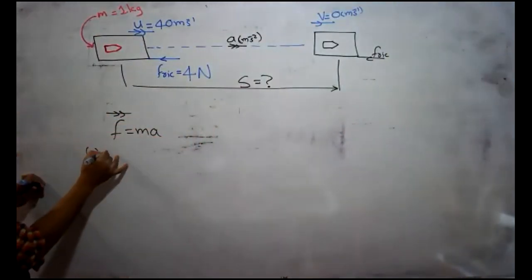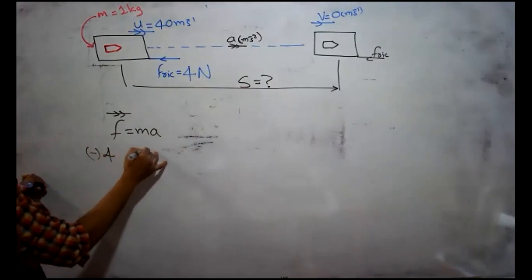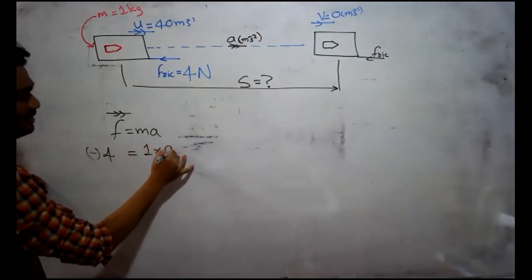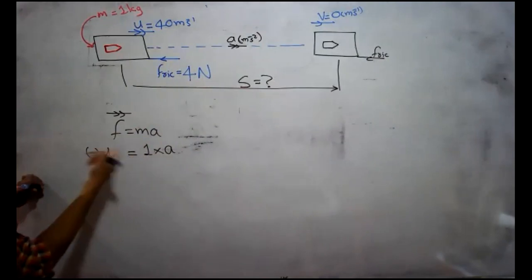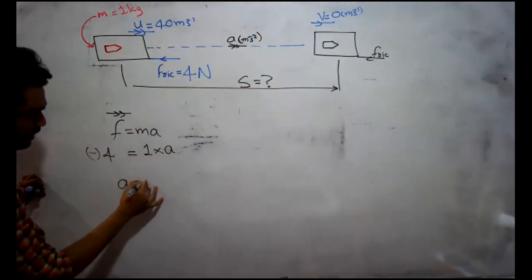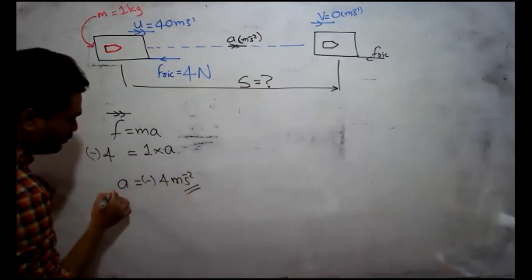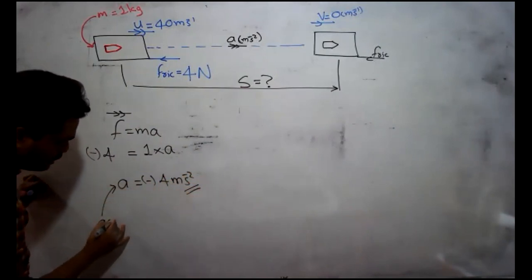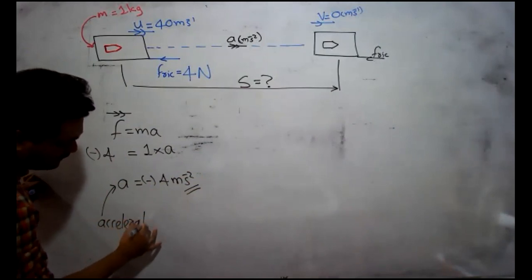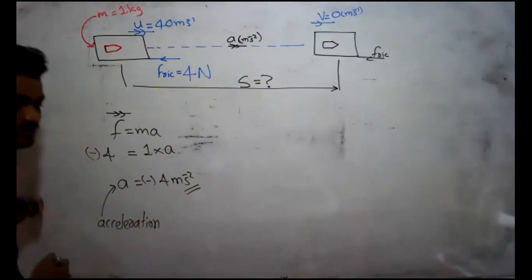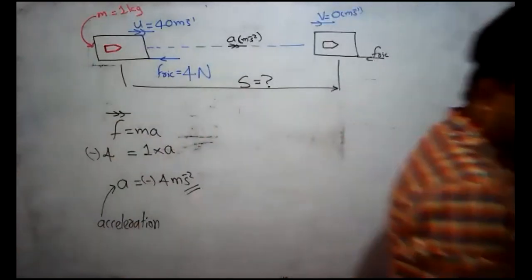So it is minus 4 Newton. Mass is 1, acceleration is a. Therefore, a equals minus 4 meter per square second. We found that acceleration is minus 4. What does it mean, dear?